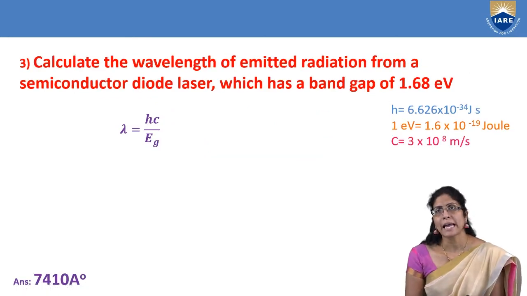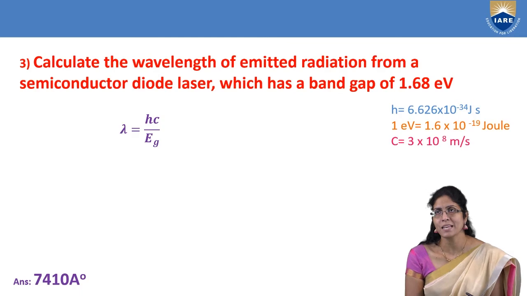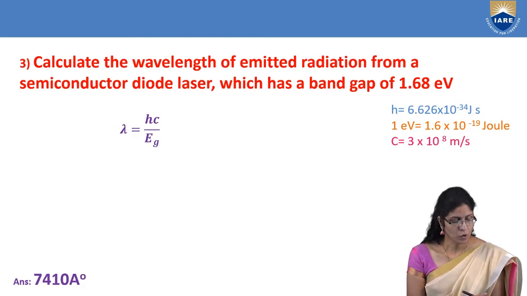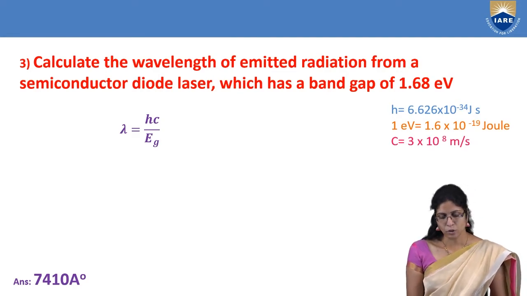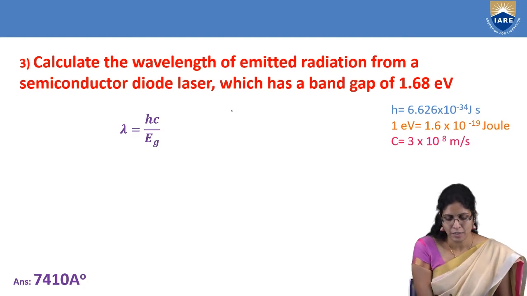The third problem: calculate the wavelength of emitted radiation from a semiconductor diode laser which has a band gap. Again, you are given the band gap Eg in electron volt, and you have h in joules, so it's better to convert the electron volt into joules in the beginning itself.